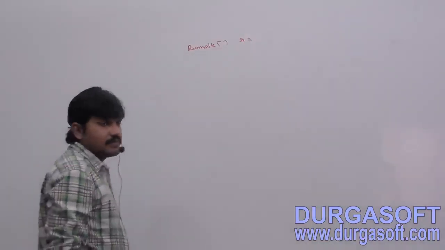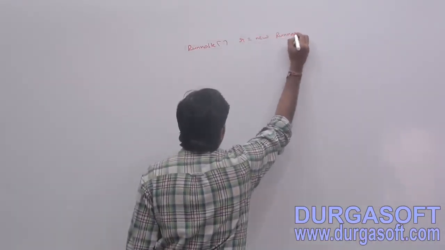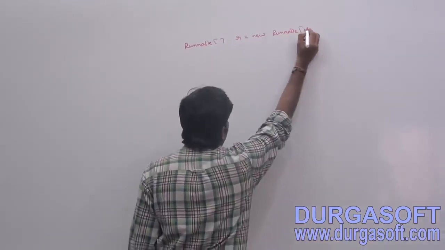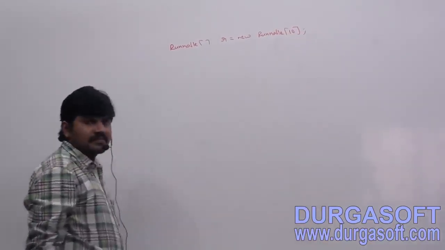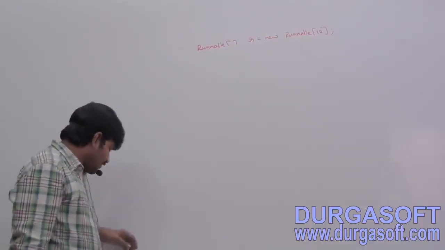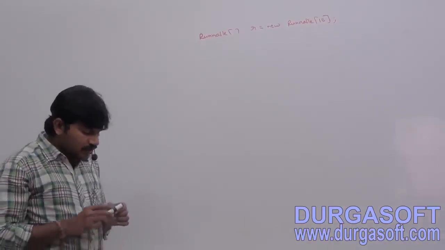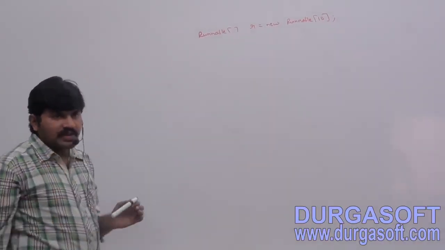Runnable[] r = new Runnable[10], like this I am taking. Is it valid or invalid? That's what you have to identify.